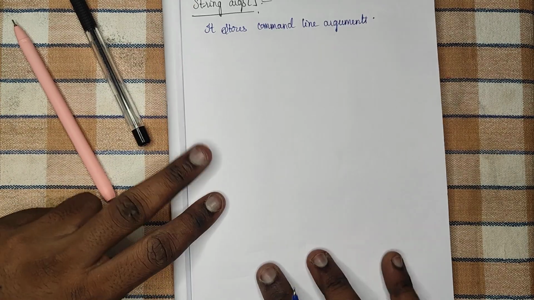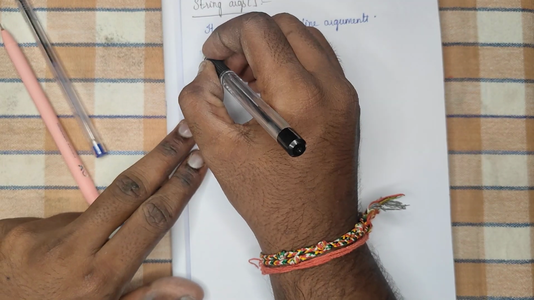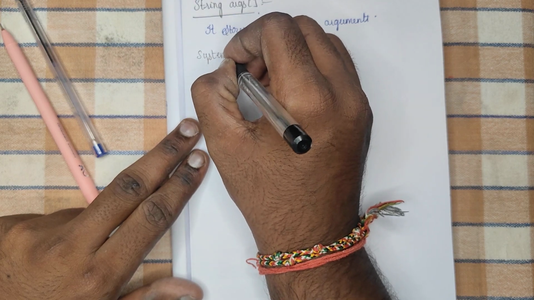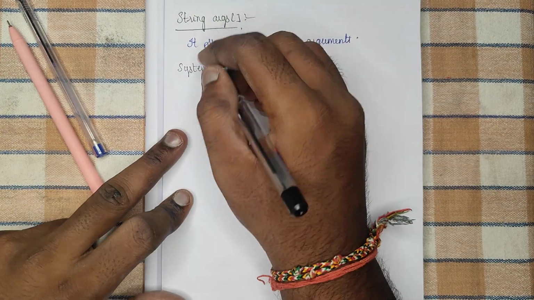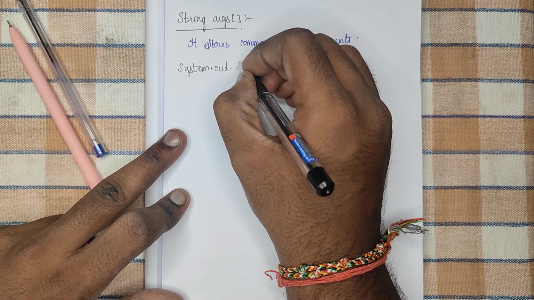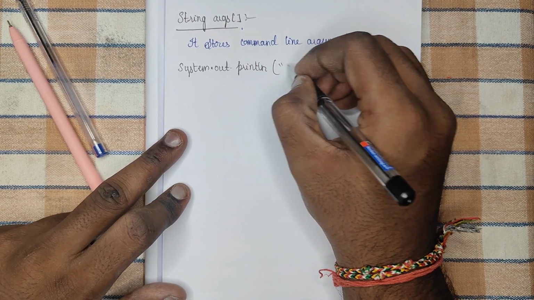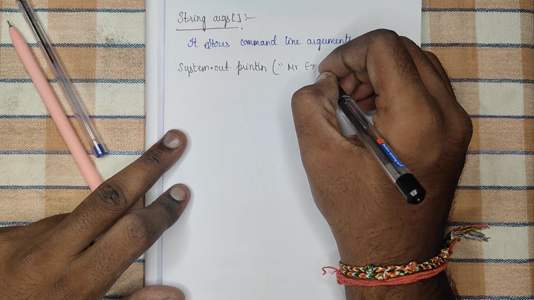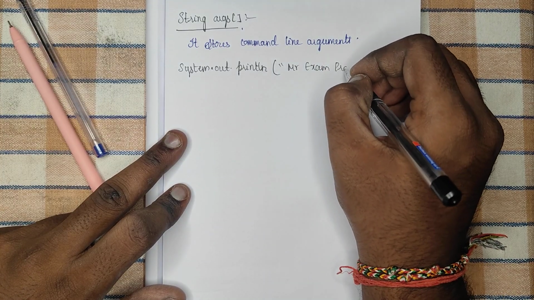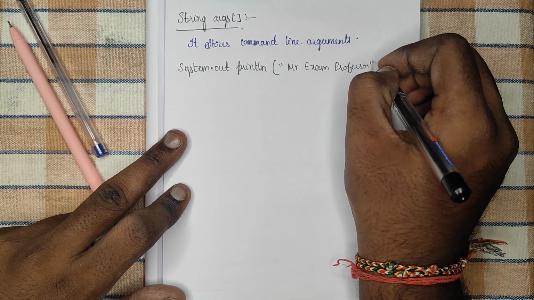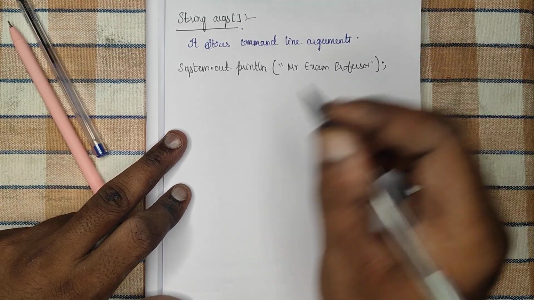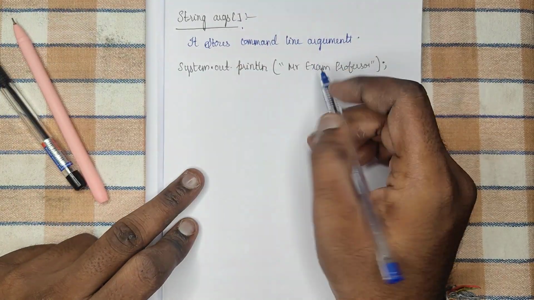Now System.out.println. I'm writing "Mr. Exams Professor" here, but you can write anything here.